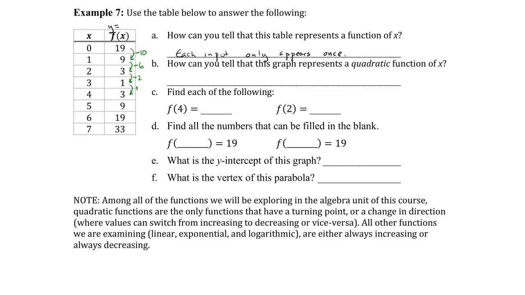And then 1 to 3, we add 2. 3 to 9, we add 6. 9 to 19, we add 10. And then we might need to do subtraction on the calculator for this one. 33 minus 19 is 14. So going from 19 to 33, we add 14.